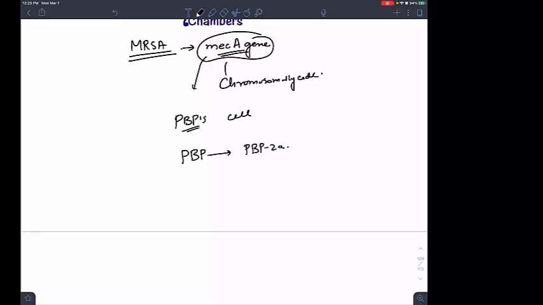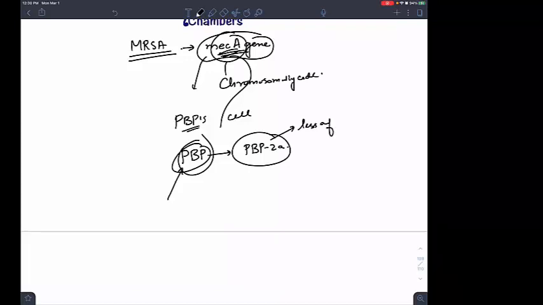As a doctor you were going to kill this, but due to the mecA gene that has changed the PBP to PBP2A, you have mutated the cell protein. So your drug will not be effective. PBP2A has less affinity for penicillins, less affinity for beta-lactams.